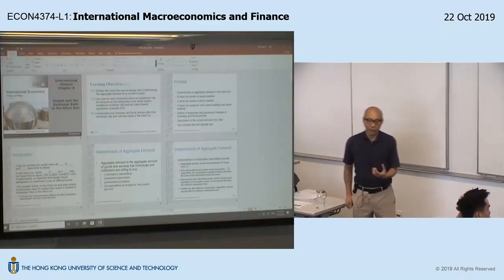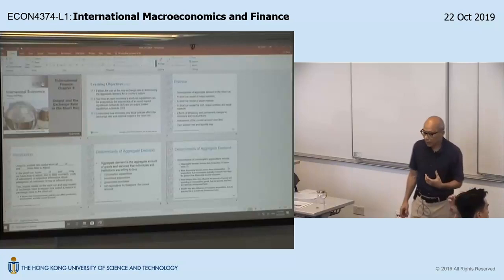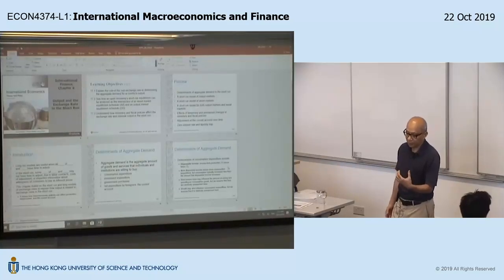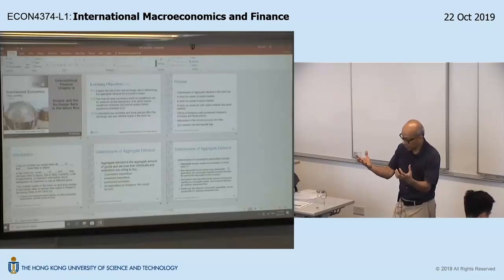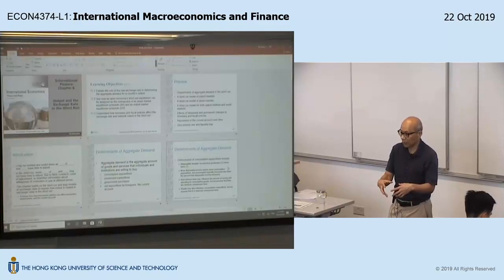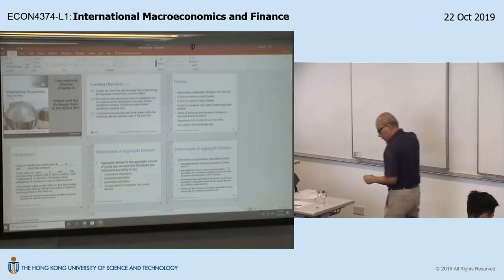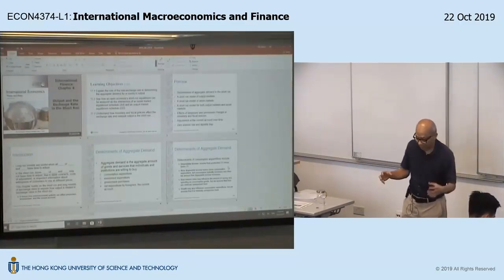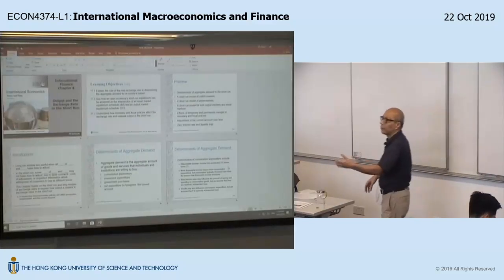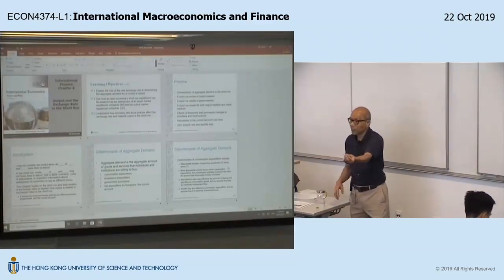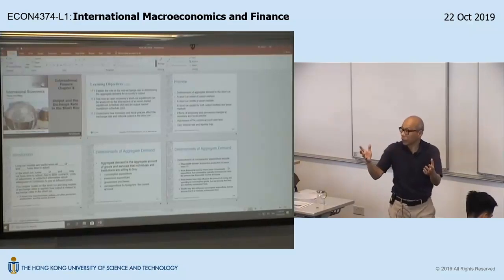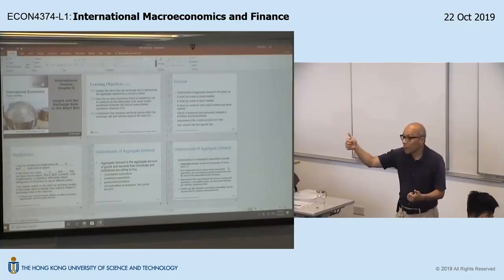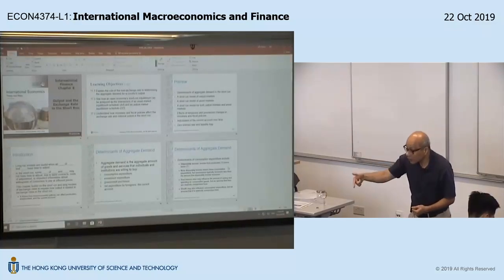So we want to have a model that will simultaneously determine output and exchange rate and interest rate. Okay, so these are the most important variables in the macroeconomy, right? You remember when you studied closed economy macroeconomics, people pay a lot of attention to output, to interest rate, to inflation, to unemployment, right?